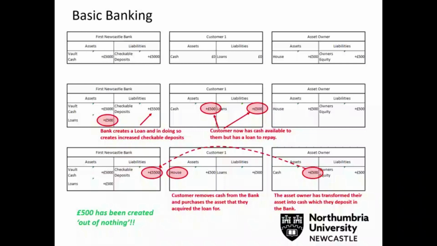But at the end of the day, we have to remember all of these transactions stay within the banking sector. That's how we know the banks can create wealth, because it doesn't matter who the customer or the asset owner is, ultimately the finance, the assets and liabilities stay within the financial system, whether it be on Newcastle Bank or any other bank.